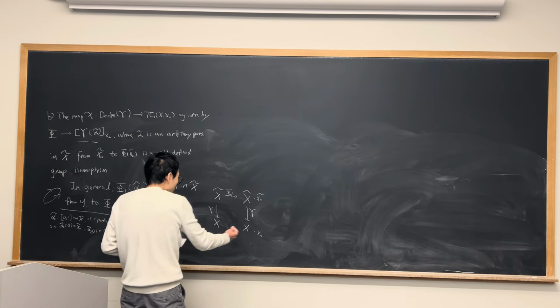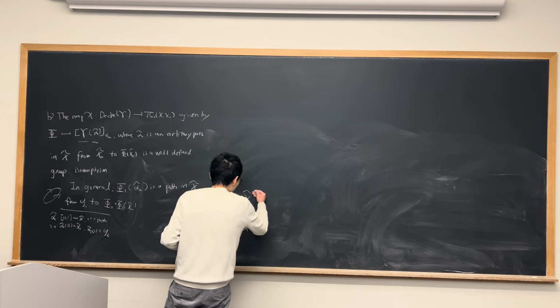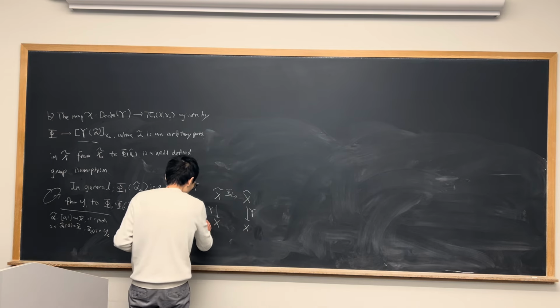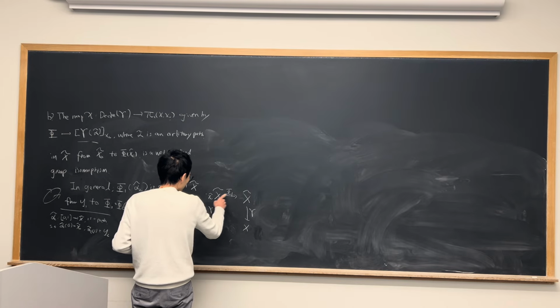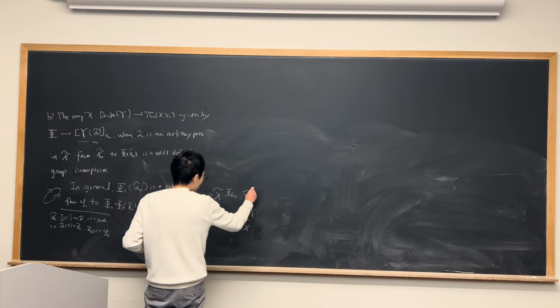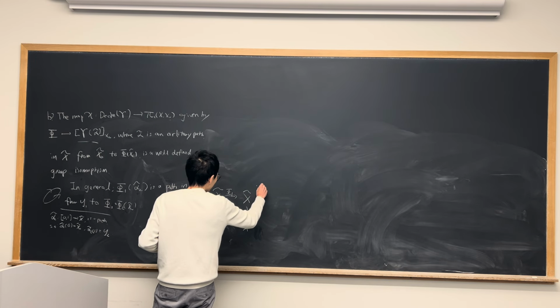Maybe let's draw the point here. This is x naught, and this is x naught tilde, and under phi 1, this x naught is mapped to somewhere here.